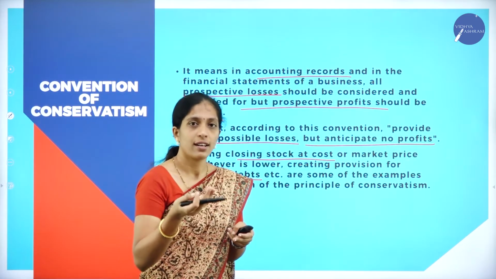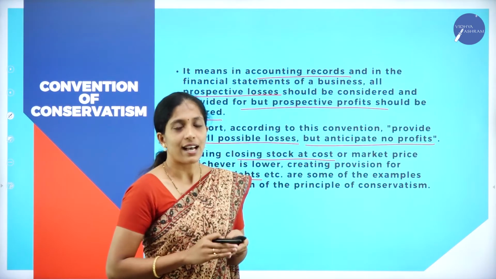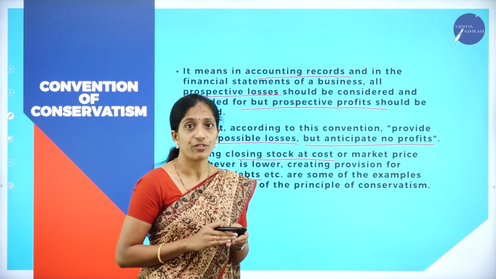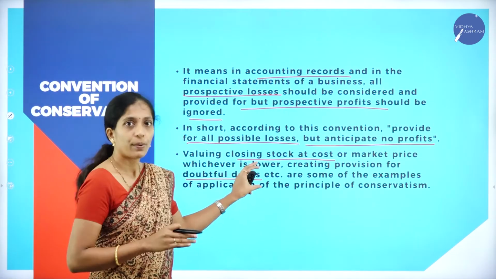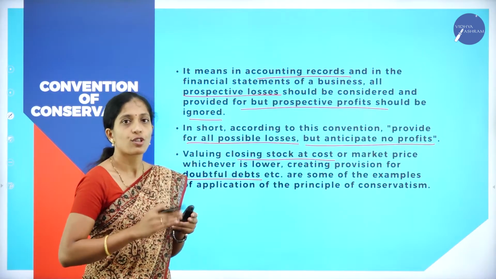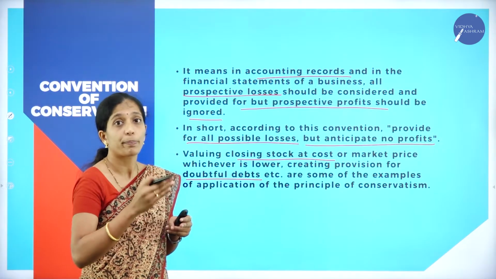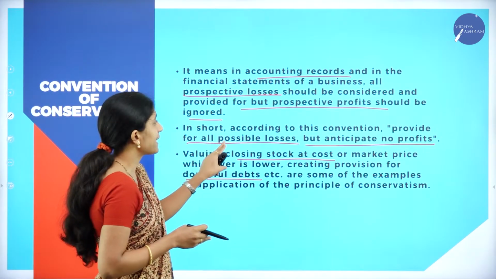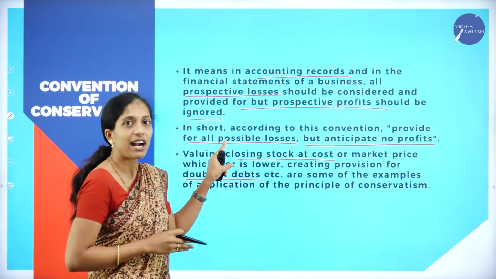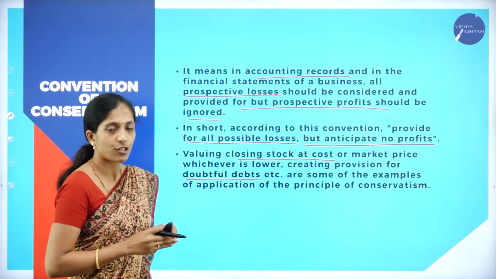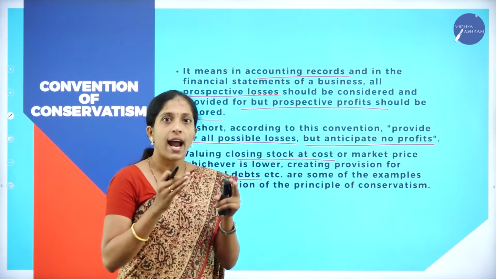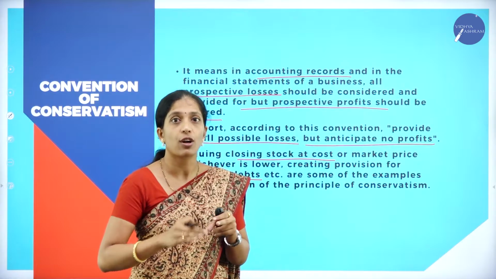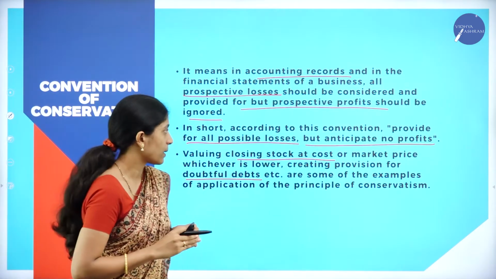The amount which is not recovered from the debtors is known as doubtful debts, right? So make provision for doubtful debts or bad debts which are not recoverable in the future. This tells us to provide for all possible losses, so be prepared for the losses and take some measures in order to anticipate those losses.